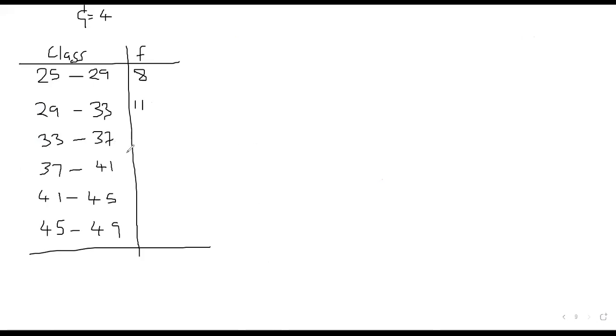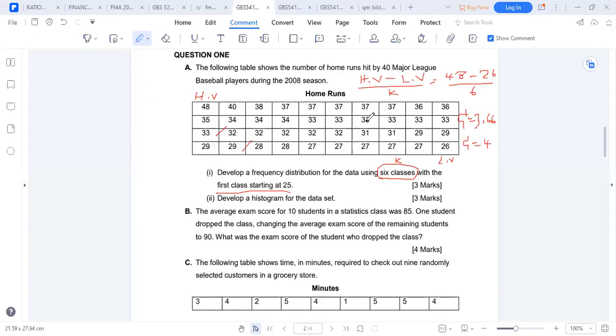Then 33 to 37, how many are they? Do you include the 37 itself?